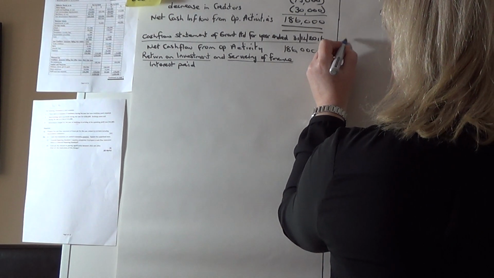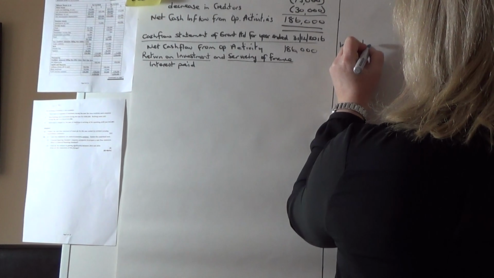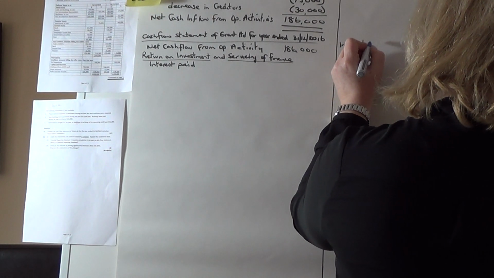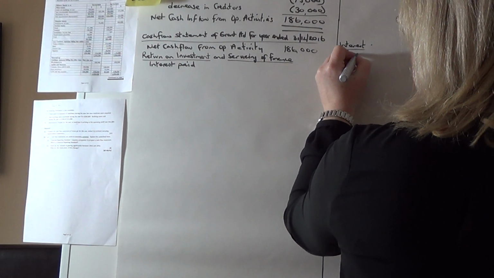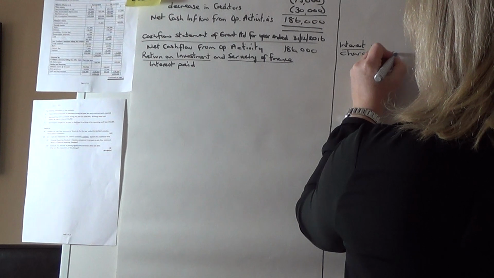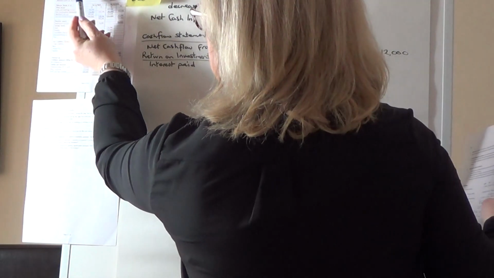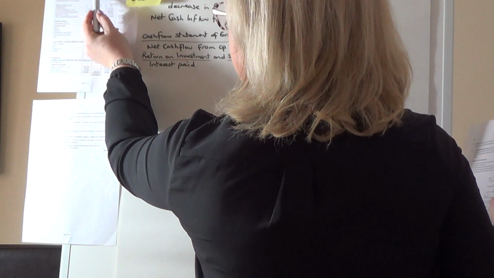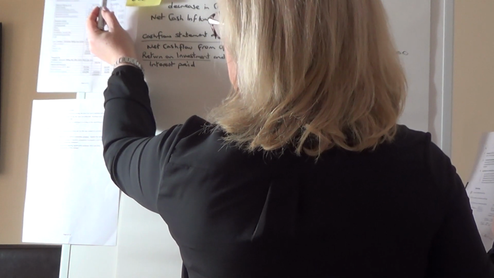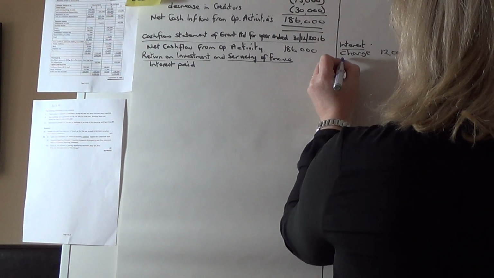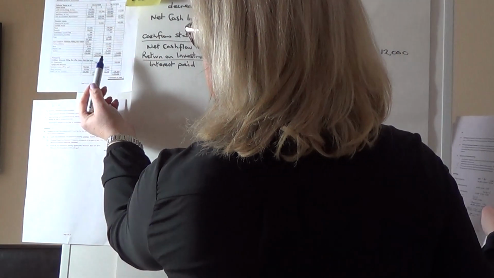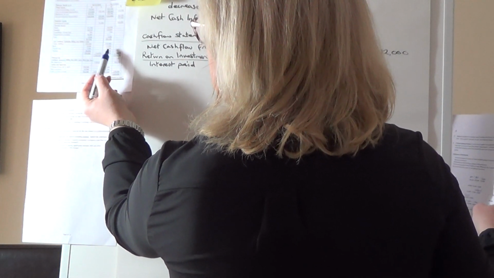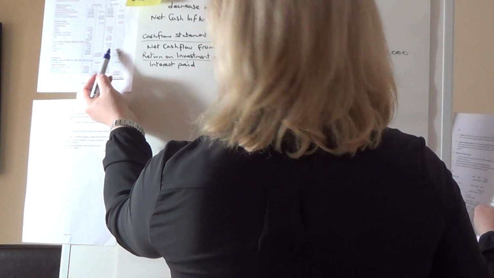I'll just do the working on it here. So the interest paid is made up of the charge for the year, which was 12,000, and you'll see that just here in the profit and loss statement. So the interest for the year, the charge is 12,000, and we also had an opening balance. So the opening balance, the closing, we'll say if you like, of interest due in 2015 was 3,400.